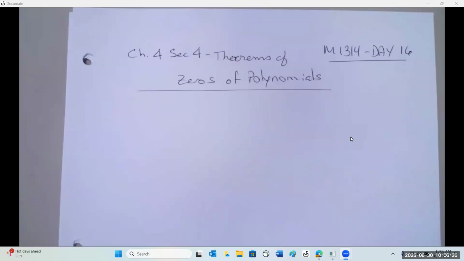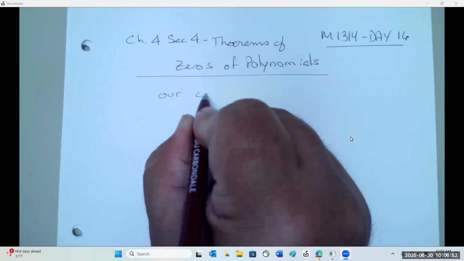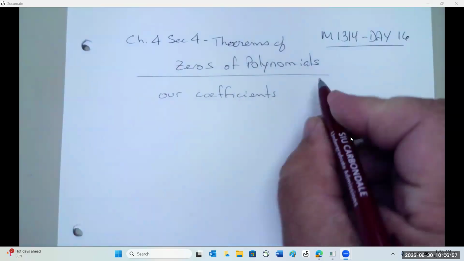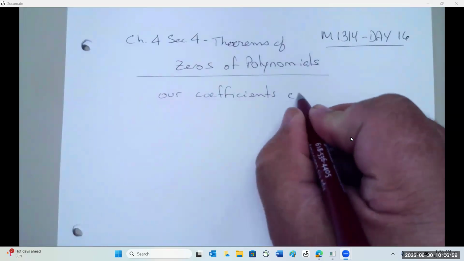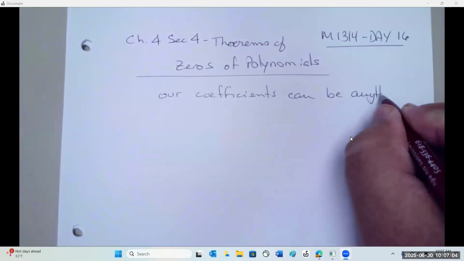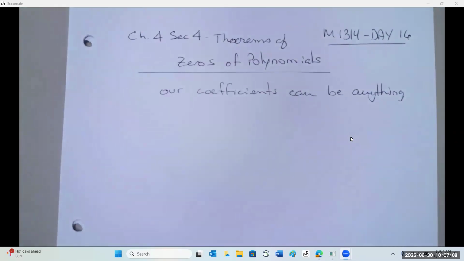We are no longer restricted to what our coefficients can be. Up until now, all of our examples, our coefficients have always been integers. That's what we're getting here.